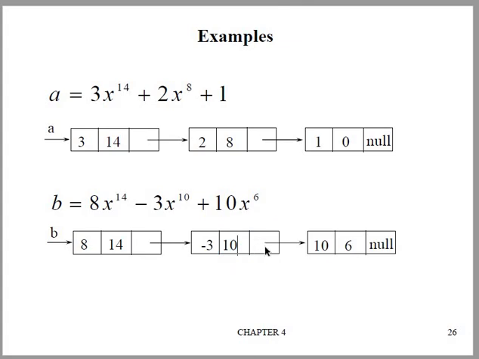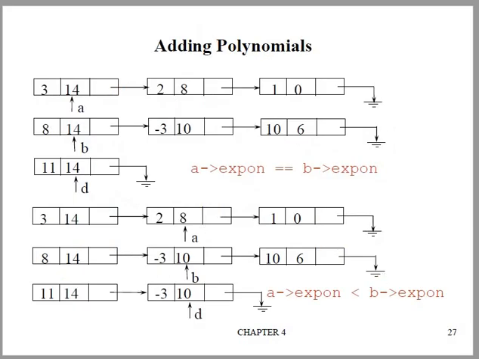The link pointer will point to the next node, 10x power 6: 10 is the coefficient, 6 is the exponent. After that there are no terms, so the link will be null. Now how can you write the code for adding two polynomials?